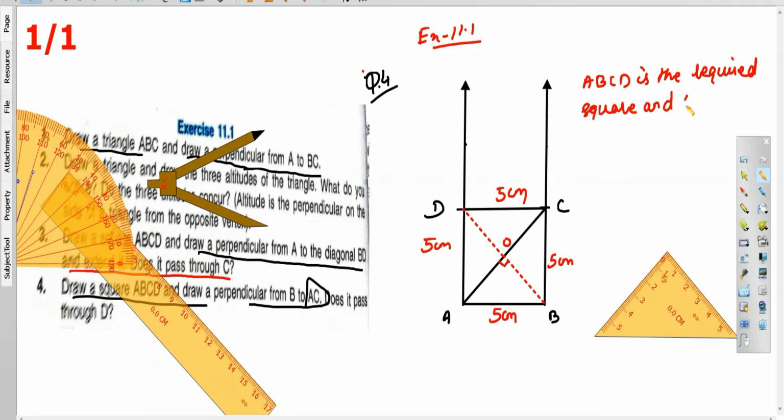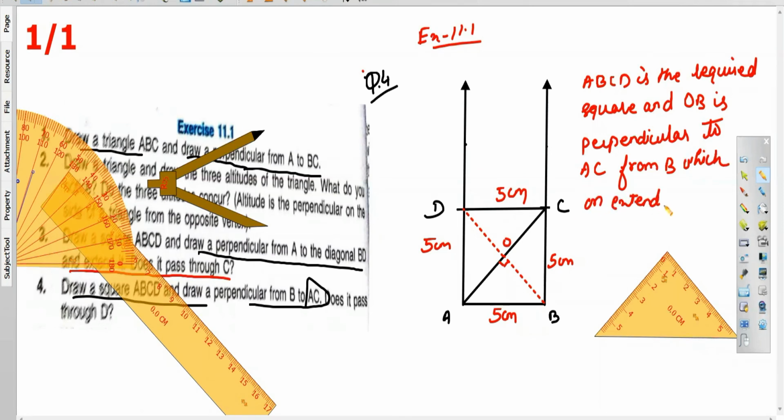And OB is perpendicular to AC from B, which on extending passes through D. So this is how you are going to do question number 4.